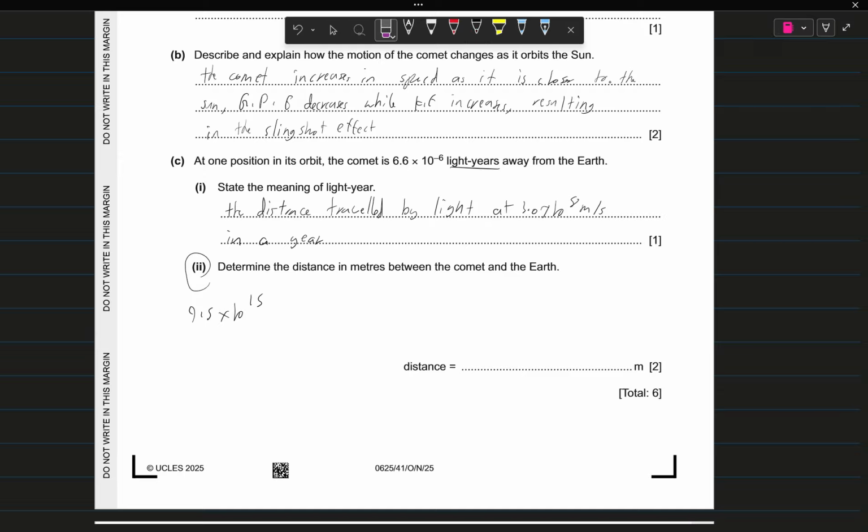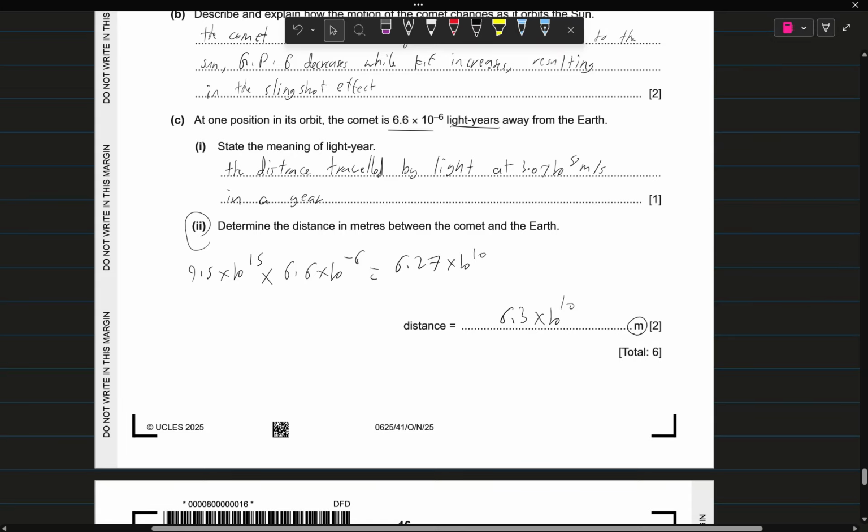So we just simply multiply: 9.5 times 10 to the power of 15 multiplied by 6.6 times 10 to the power of negative 6. We will get 6.27 times 10 to the power of 10. To two significant figures, that will be 6.3 times 10 to the power of 10. Since we already have the unit in meters, you don't need to write anything.